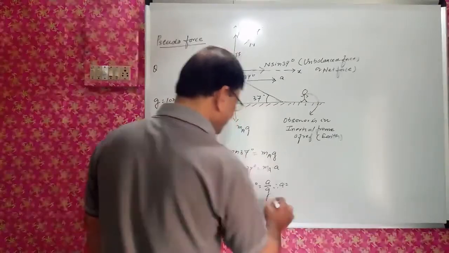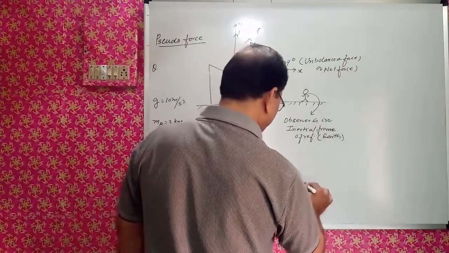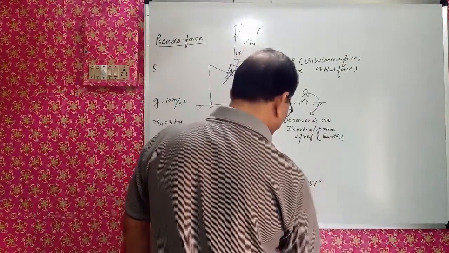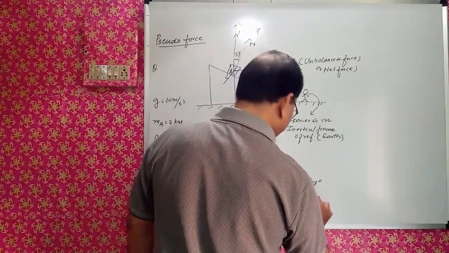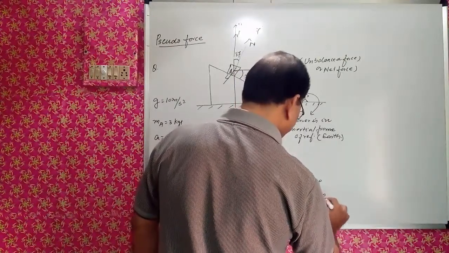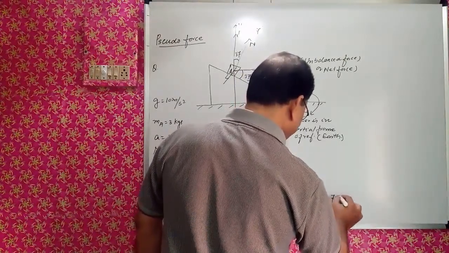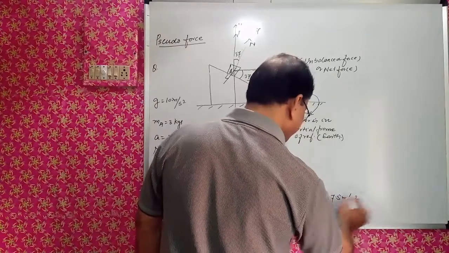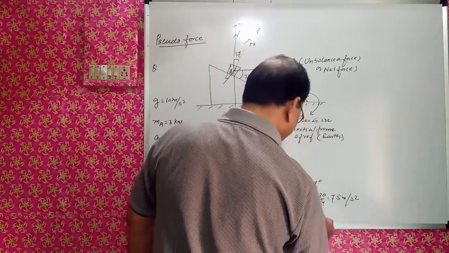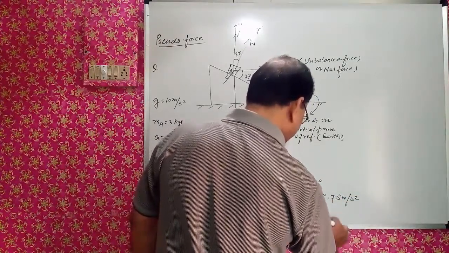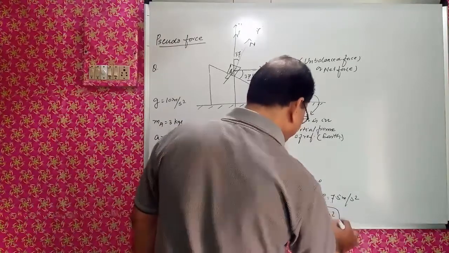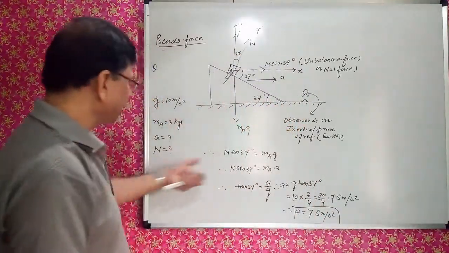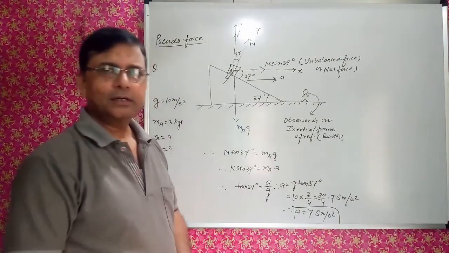Therefore, a is equal to g tan 37 degrees. Again, 10 into tan 37, which is 3 by 4, that is 30 by 4, which is equal to 7.5 meters per second square. Therefore, a is 7.5 meters per second square, and we can find the value of N also using this equation.